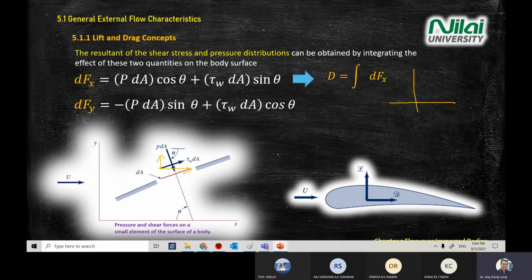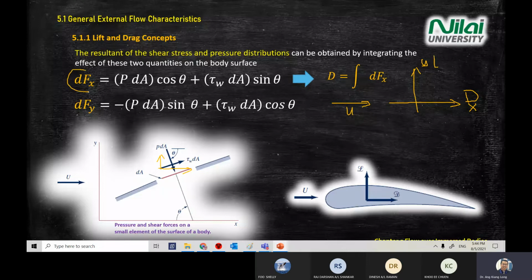As you know, just now, what is lift and drag? Basically, this is the direction of your velocity, U. The one that goes parallel, the direction of X, will become drag, or the direction normal to the velocity will become lift.